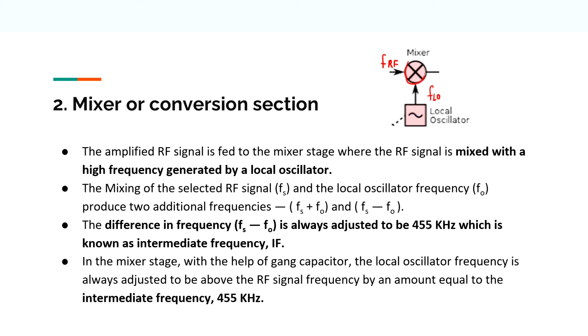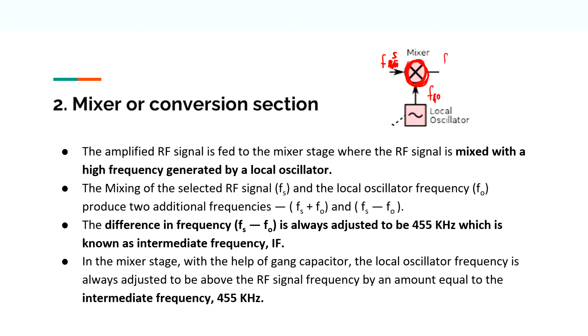Here in the mixer, the mixing process happens, where the FRF, or here we call it Fs, and this one is Fo. So the mixing of the selected RF signal Fs and the local oscillator frequency Fo produces two additional frequencies, Fs plus Fo and Fs minus Fo.